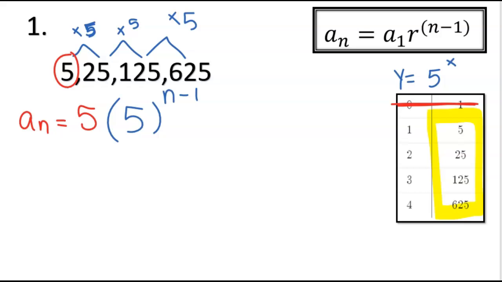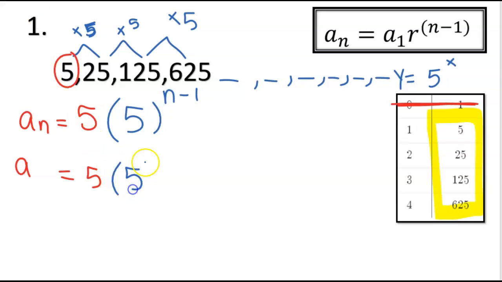So if I wanted to find the 10th number in the pattern, 1, 2, 3, 4, 5, 6, 7, 8, 9, 10. I could multiply by 5 over and over and over again. Or I could use the rule. If I want to find the 10th number in the pattern, first number, multiplier, n minus 1.